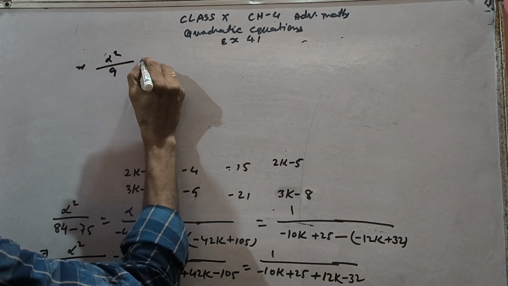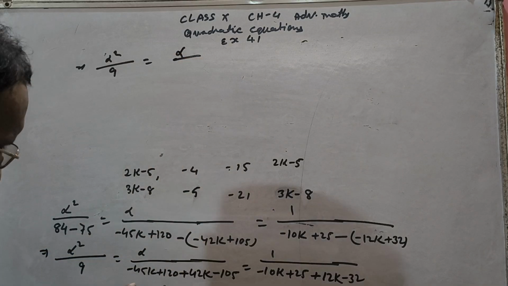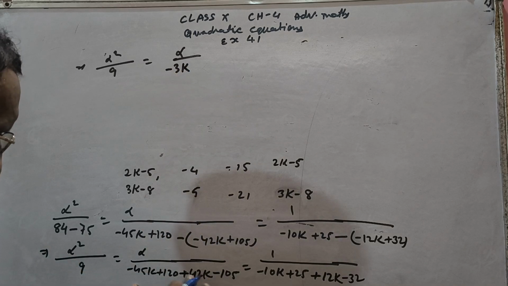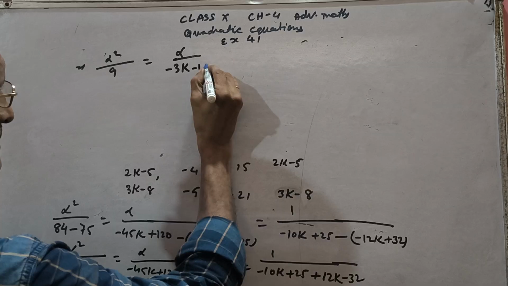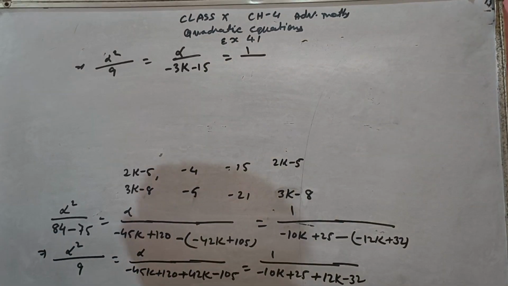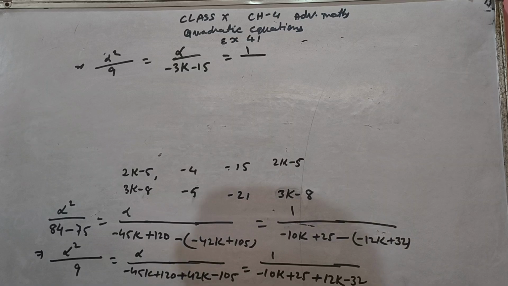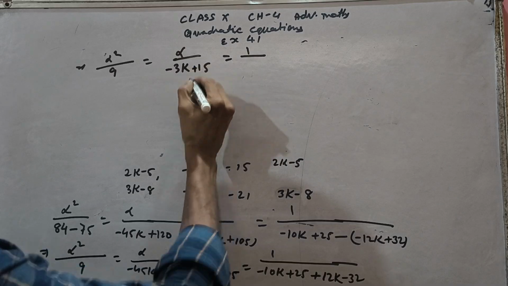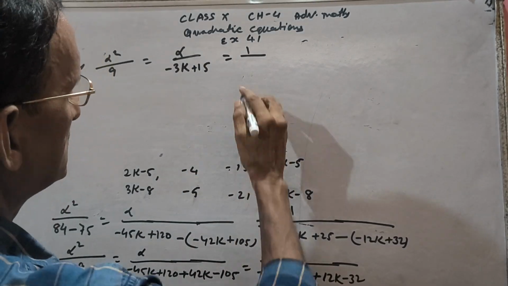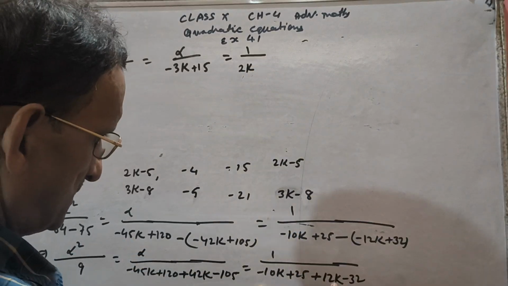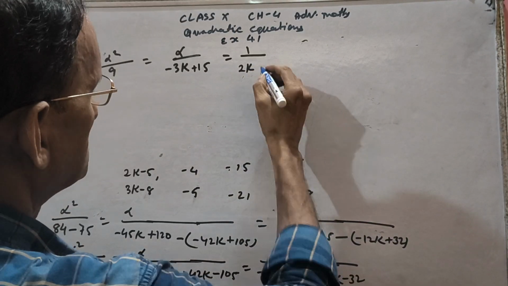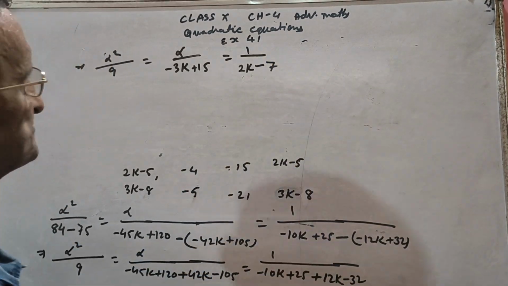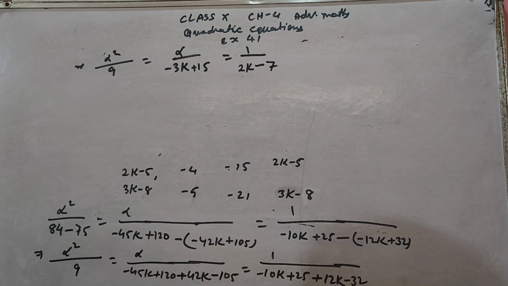Alpha square by 9 is equal to alpha by, simplify here, minus 3k plus 15, equal to 1 by 2k minus 7.